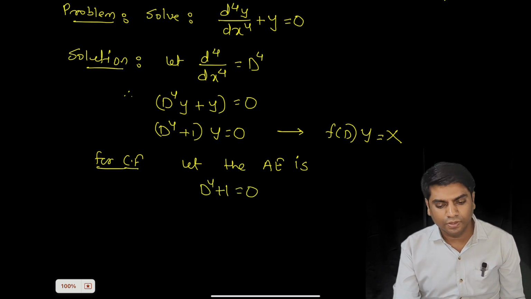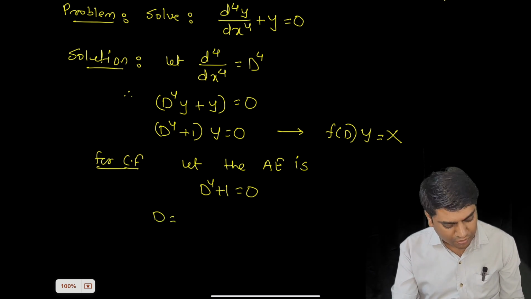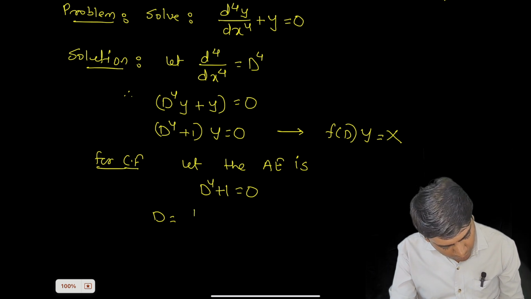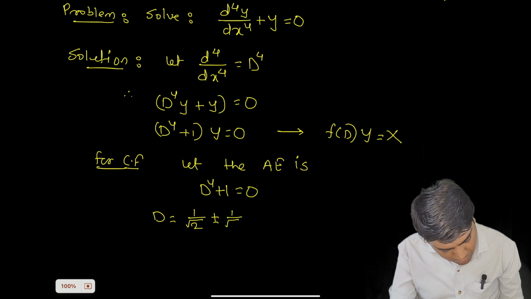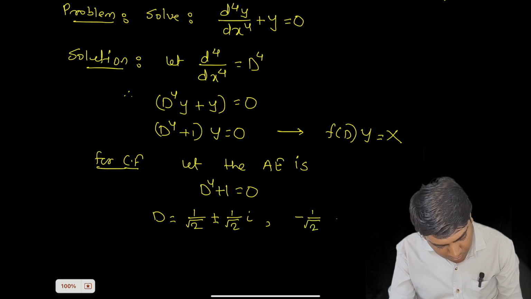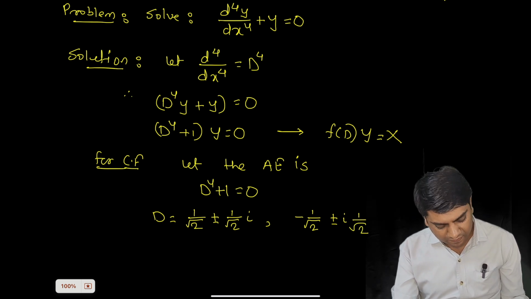By solving, we'll get the roots of this polynomial as 1 by root 2 plus minus 1 by root 2 i, and the second one, minus 1 by root 2 plus minus i into 1 by root 2. Okay, so we have this.